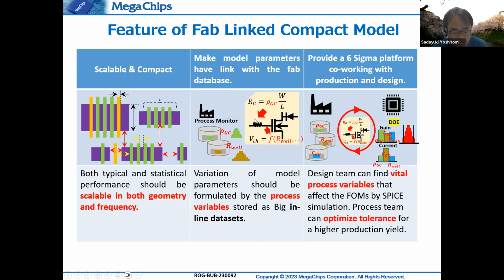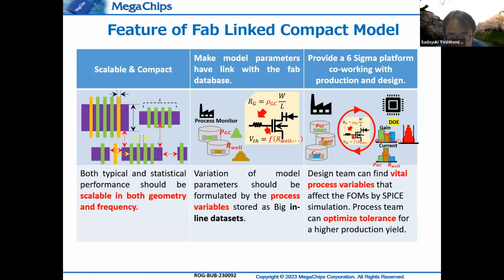We thought that once this ideal environment is created, the design team will run SPICE simulation, which will reveal the key fabrication processes, such as in this figure, where I wrote RG, CGD, RWare, as a kind of image of a DOE result as a palette chart.